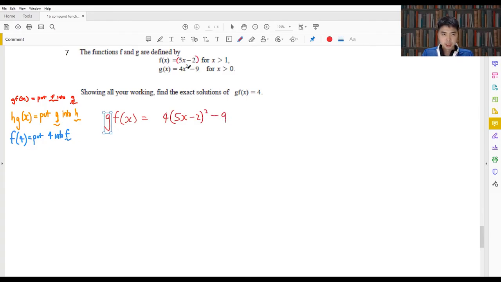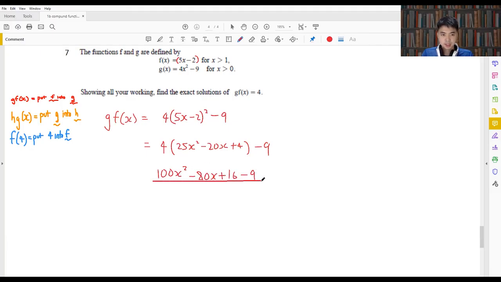Again, putting this into the x value here. Okay, so this, when we expand it, is going to be 4 multiplied by, open up this bracket, you would have gotten 25x squared minus 10x minus 10x plus 4. Continue expanding this bracket, you would have gotten 100x squared minus 80x plus 16 minus 9.